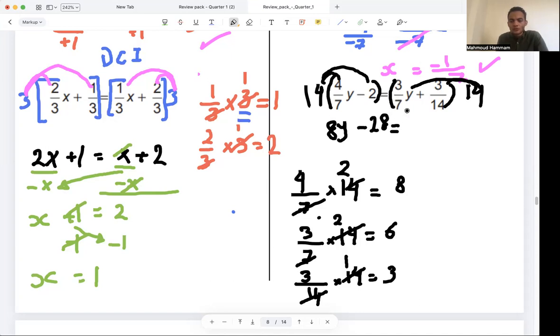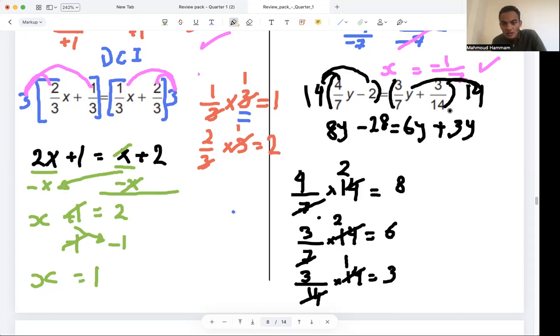Equals 3 over 7 y times 14. We have just done it. 3 over 7 times 14 is 6. So this is 6y. Very good. Plus 3 over 14 times 14. I've just said 3. Very good.